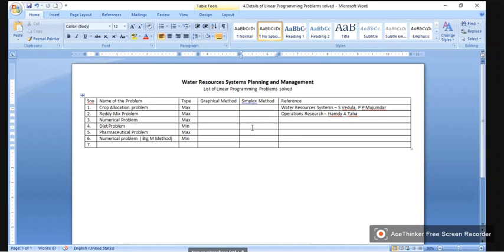Right now we ask the girls to present the solution for the ready mix problem by the simplex method. Is everything clear? Girls, are you ready to present?